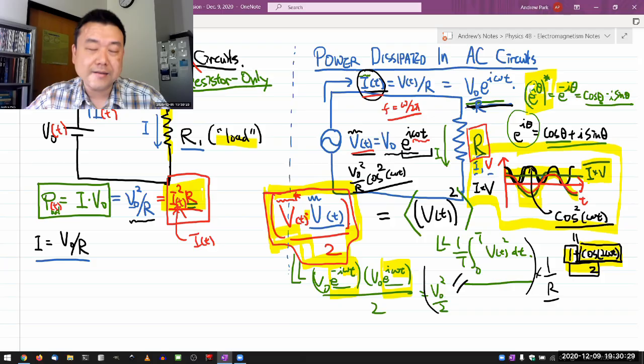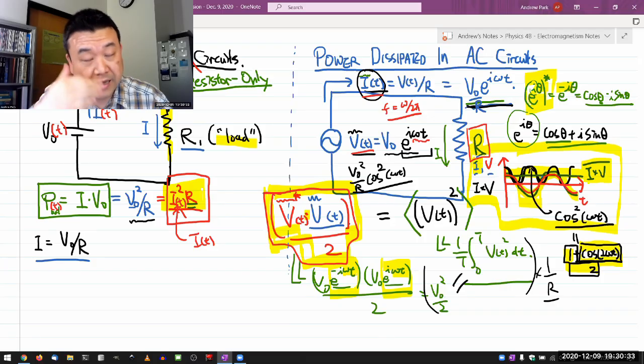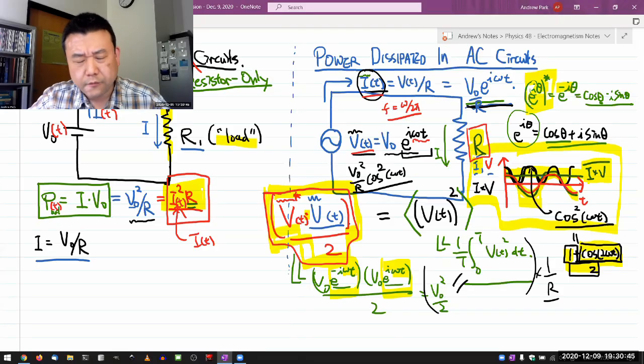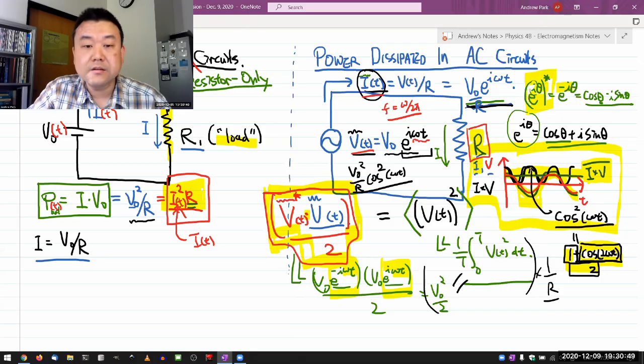What makes an AC circuit interesting is what earlier made the time-dependent circuits time-dependent: capacitors and inductors. Those circuit elements, by their definition, always involve some kind of time-dependent things, an integral with respect to time or a derivative with respect to time.